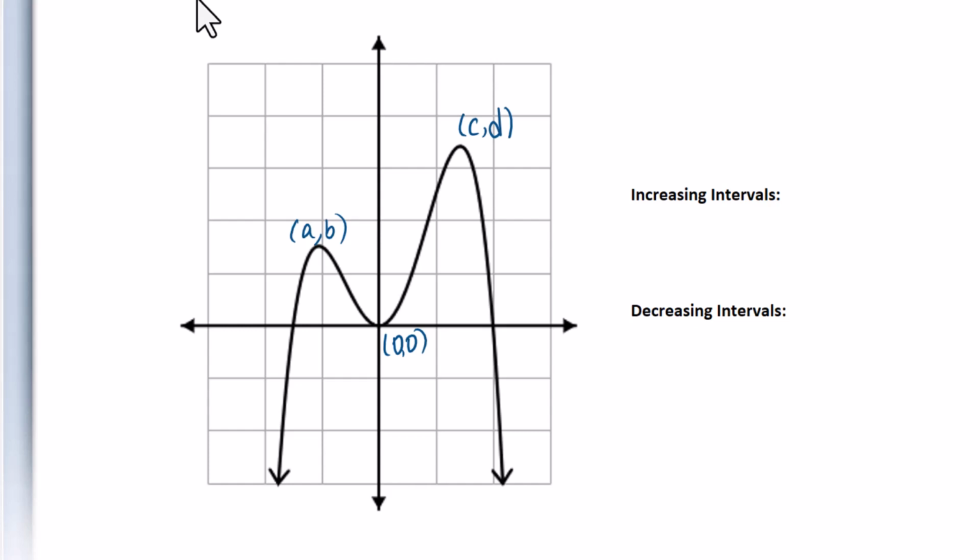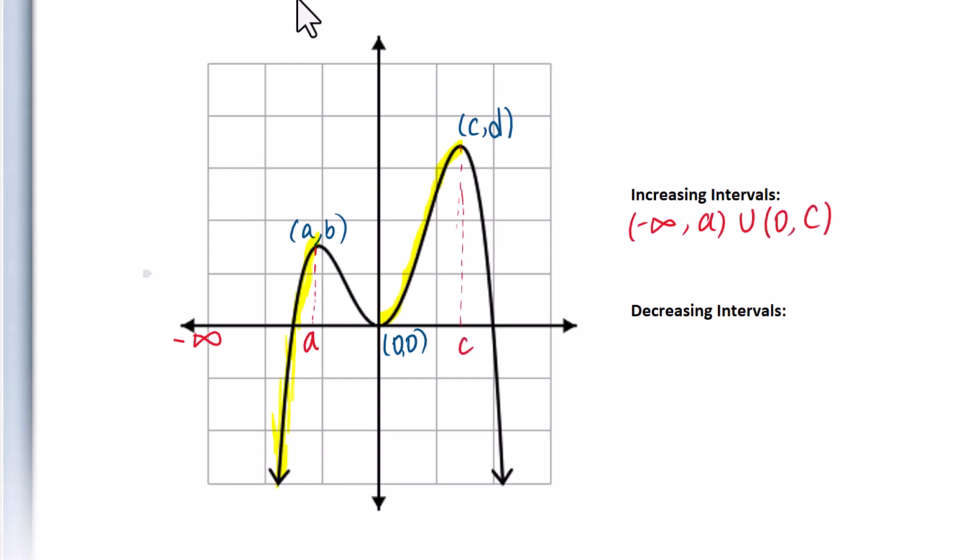As long as from left to the right, the graph is going up, then this part of the graph is increasing. So we have two increasing intervals. Arrow means the graph goes forever, from negative infinity to A, union from 0 to C.